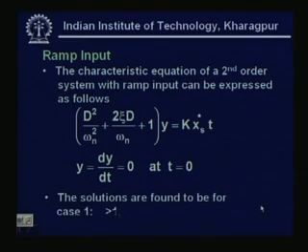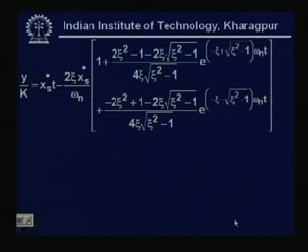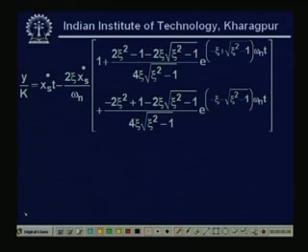The solutions are found to be, for case 1, when xi is greater than 1, an overdamped system. So this is y by k. I have not put xs on the left hand side as was done in the case of the step input.